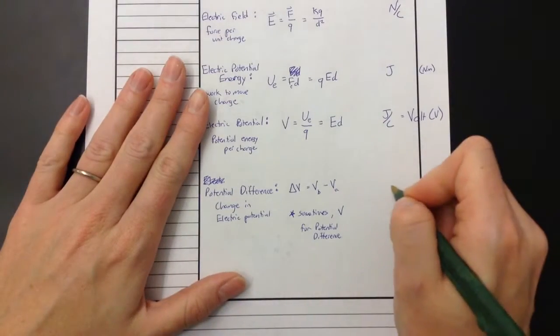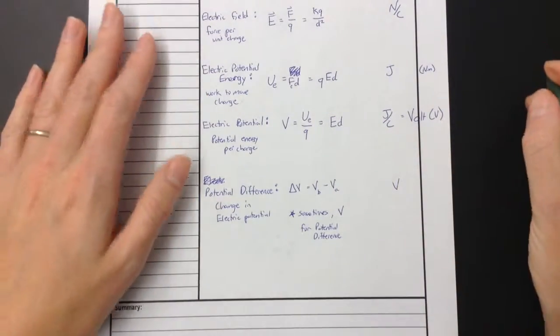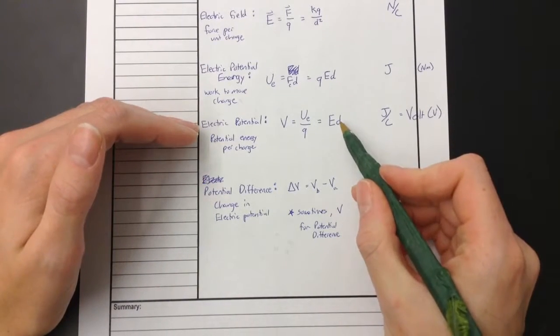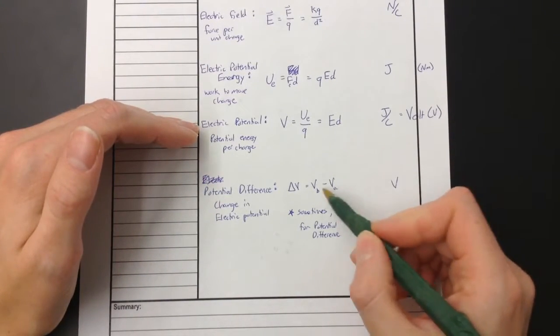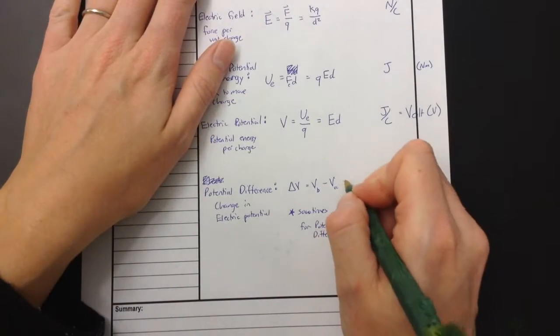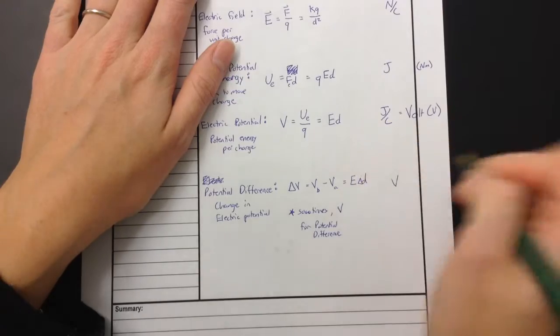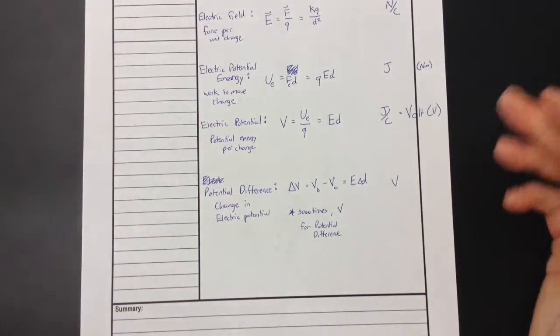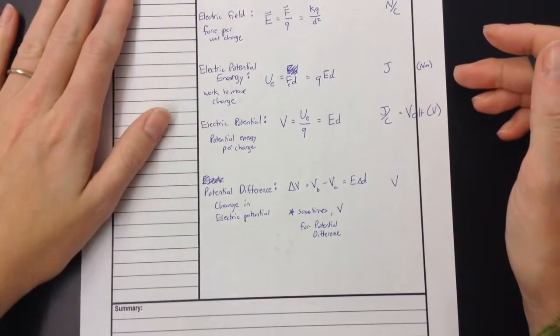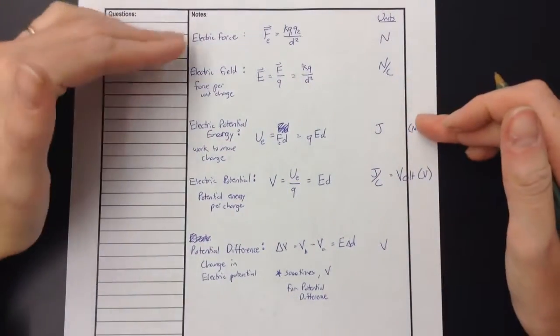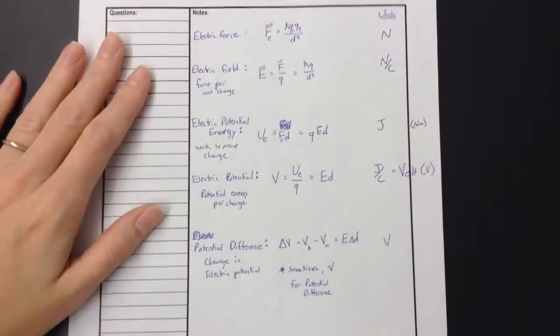This one is also going to be measured in volts or joules per coulomb. Sometimes they'll talk to you about this distance as if it is the distance that you're changing. So one way you can do that is take the electric field times the change in distance. Again, it's really kind of annoying. It just takes some practice to get used to the wording and to know which thing you're trying to find.